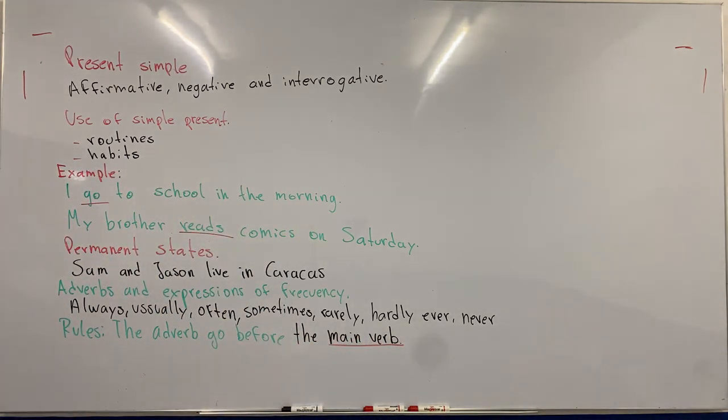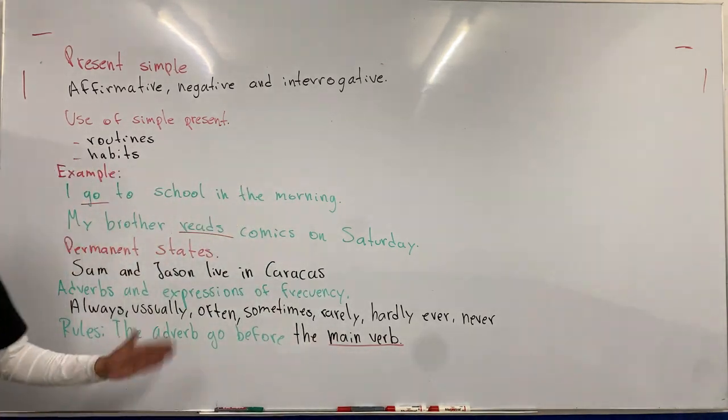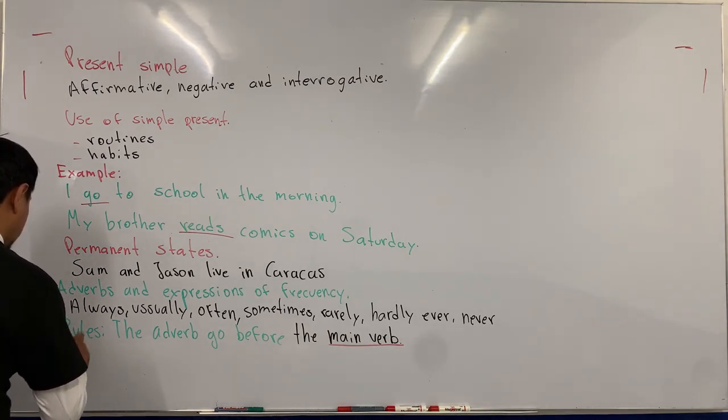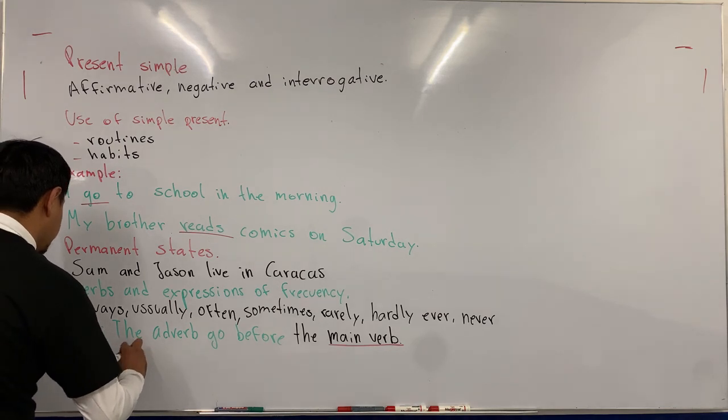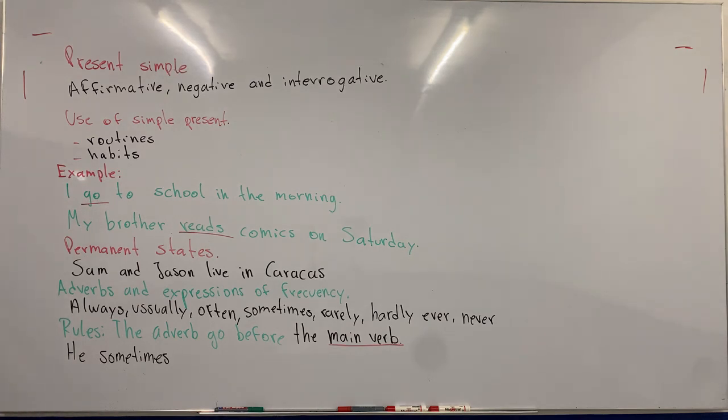Before the main verb. For example, with this rule: he sometimes goes out with friends. Repeat. He sometimes goes out with his friends.